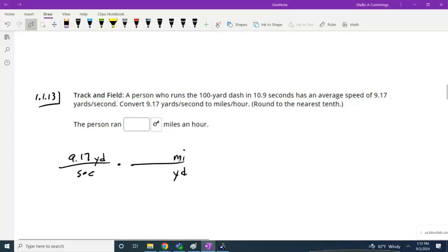For the second unit fraction, I'm going to convert seconds to hours. Since second is in my denominator, I'm going to put second in the numerator so we can cross-cancel, and hour in the denominator.